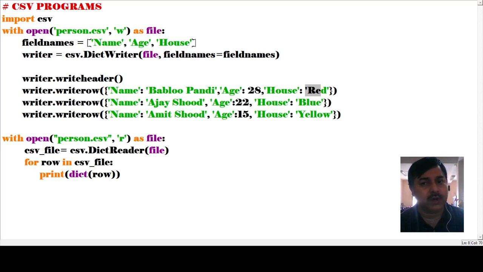That means I have already created that particular file in the Excel. Okay, so there we have given the field names. When we have given the field names, we do writer = csv.DictWriter, where the writer takes file comma fieldnames, and those field names will be implemented.